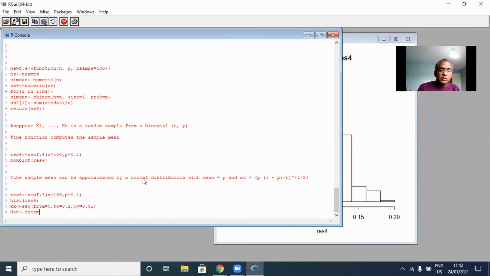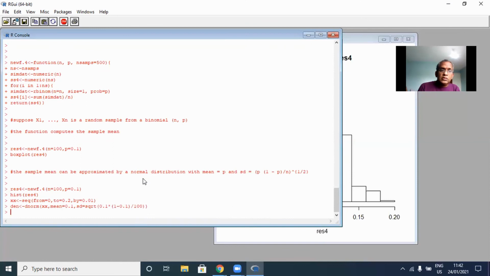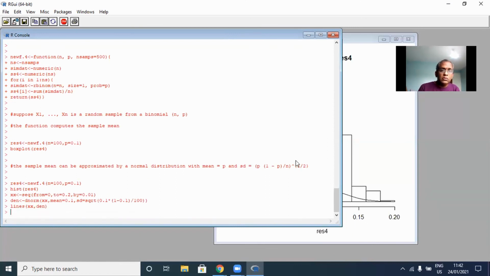I use the function dnorm at xx with mean equal to P, which is 0.1, and the standard deviation equal to the square root of P times 1 minus P divided by N, which is 100. That's the density of the normal distribution. And finally, I use the command lines to plot the density on top of the histogram.